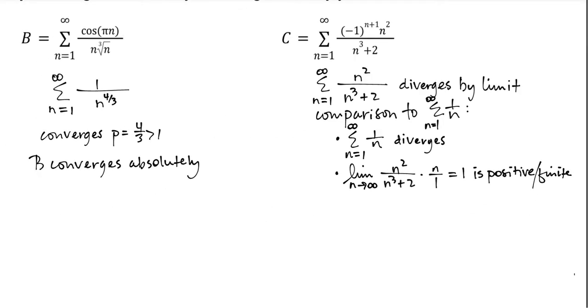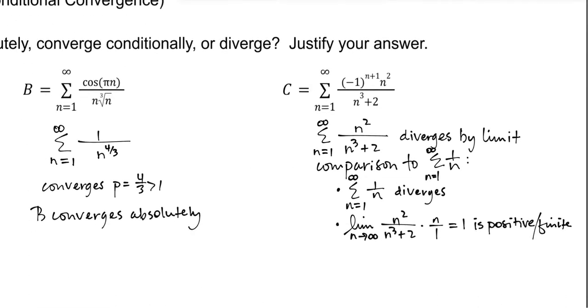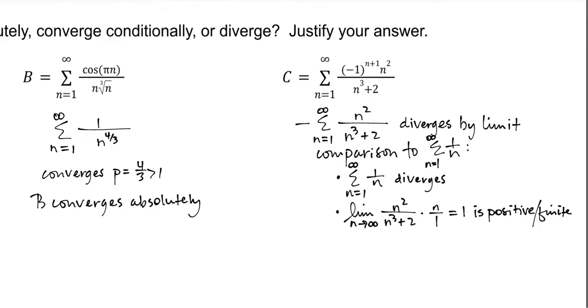Now that I've determined that it is not absolutely convergent, now I'm going to check for, is it conditionally convergent? And yes, the terms of C alternate and decrease in magnitude to 0.